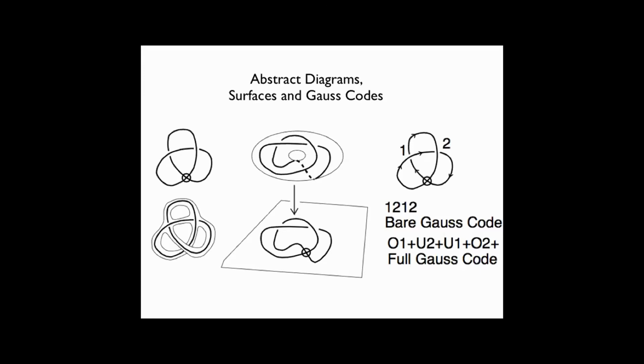And the full Gauss code, keeping track of orientations and everything, is over 1 at a positive crossing, under 2 at a positive crossing, and under 1 and over 2. But you see, that code is not the code for something that could be drawn in the plane. If you tried to draw it in the plane, you would find that you had to have the virtual crossing. So another way of thinking about the virtual knot diagrams is that they have Gauss codes, and the Gauss codes are not necessarily planar.